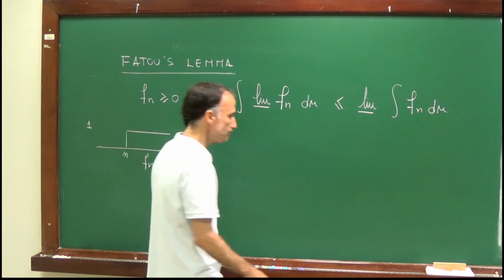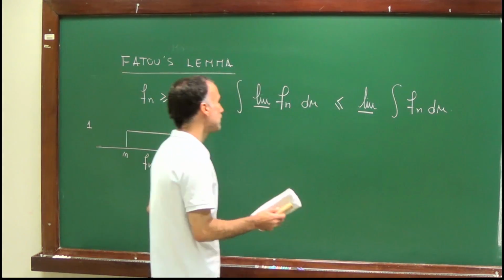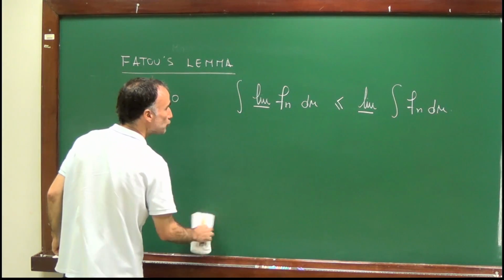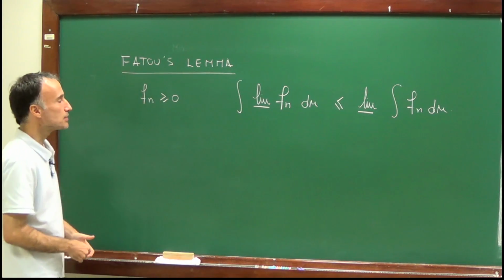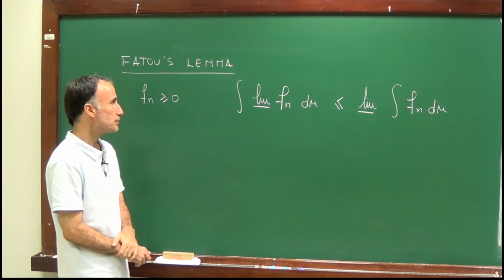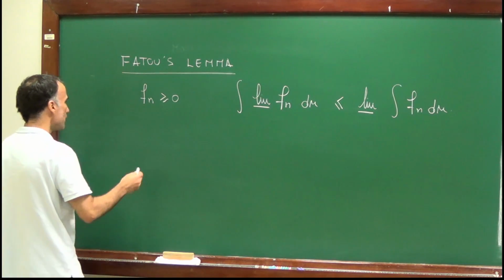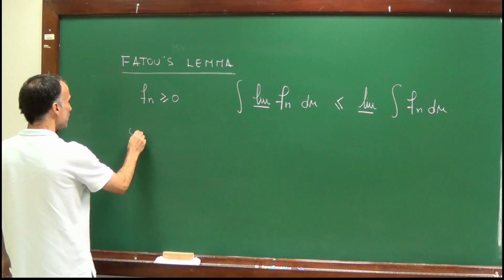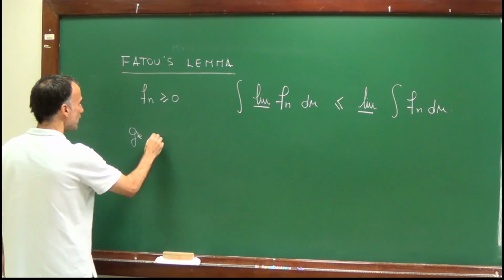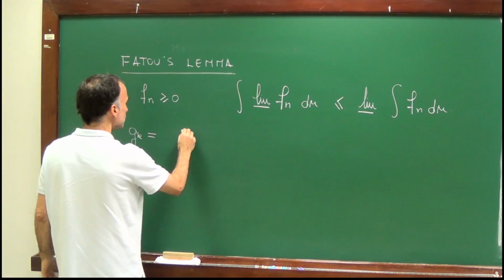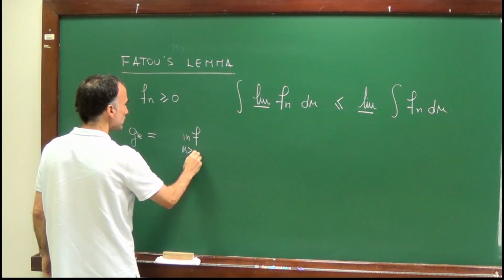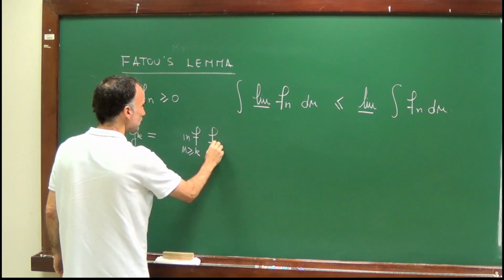So now let's prove this lemma, but the proof of this lemma is a very simple consequence of the monotone convergence theorem. Let me define gk as the infimum for n larger or equal than k of fn.